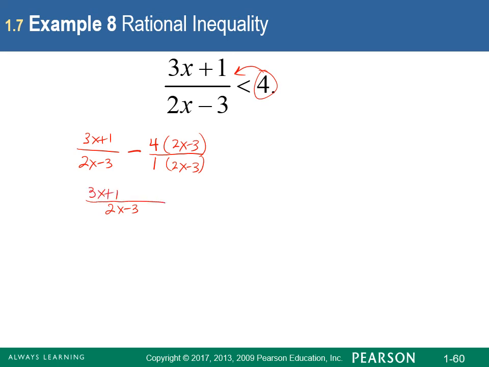3x plus 1 minus 8x. That's negative 4 times 2x. And negative 4 times negative 3. And so 3x minus 8x is negative 5x. 1 plus 12 is 13.